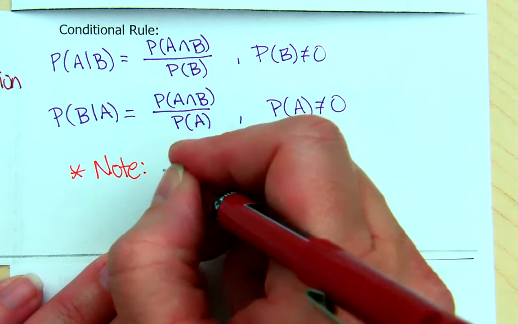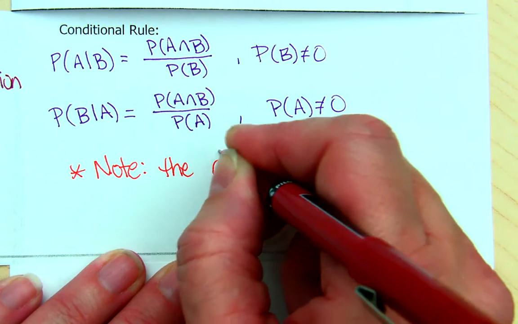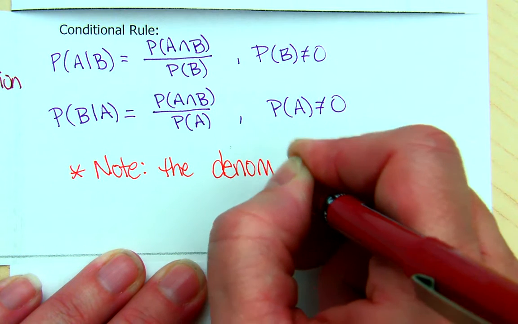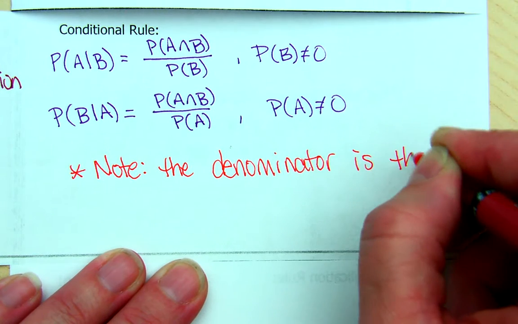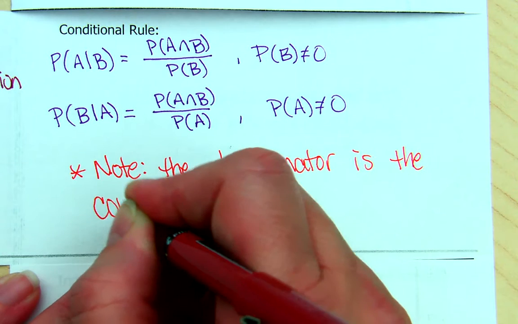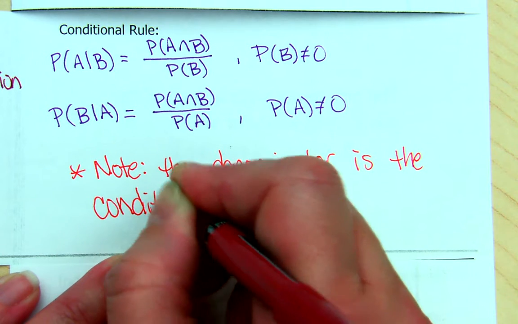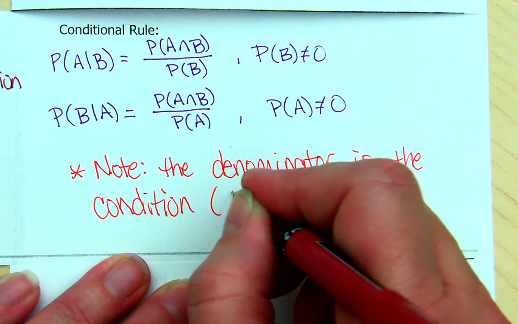So it's good to note that the denominator is the condition, the subset of interest.